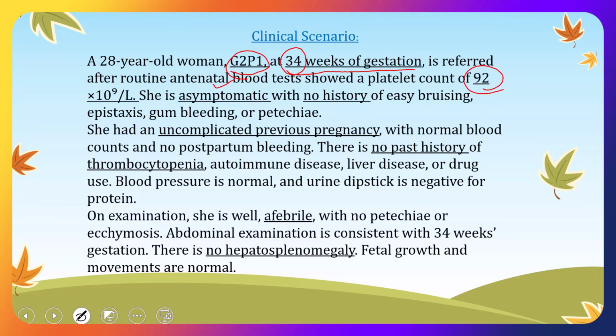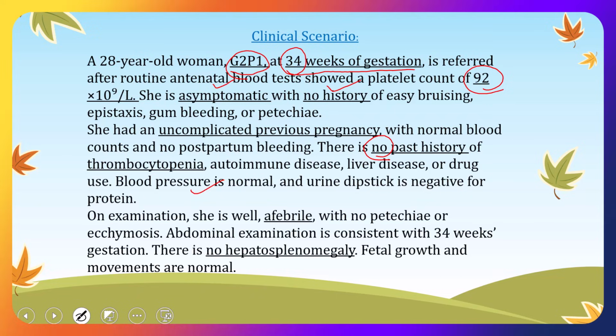She is asymptomatic with no history of easy bruising, epistaxis, gum bleeding or petechiae. She had an uncomplicated previous pregnancy with normal blood count and no postpartum bleeding. There is no past history of thrombocytopenia, autoimmune disease, liver disease or drug use.